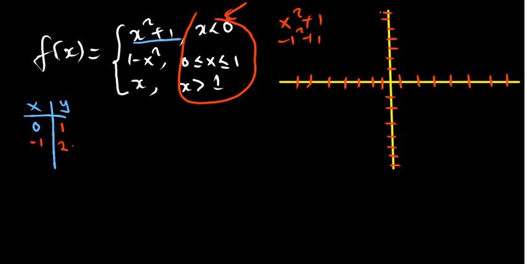What if I put negative 2? Negative 2 squared is 4, 4 plus 1 is 5. Then negative 3: 9, then 10. You can have 3 points or 4 points.